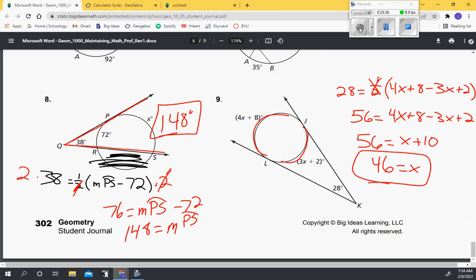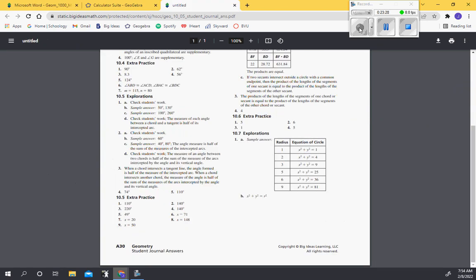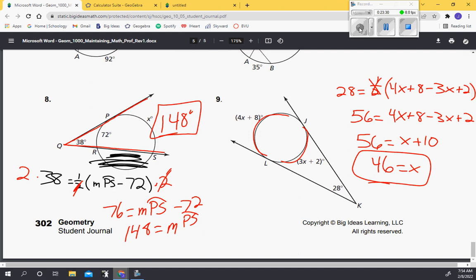Is that number 9? Did something wrong. Hold on 1 second. Okay, good thing I went and checked because I made a major algebraic mistake and I can't believe I did that. It's embarrassing. We are subtracting all of 3x plus 2, which means we have to distribute this negative.